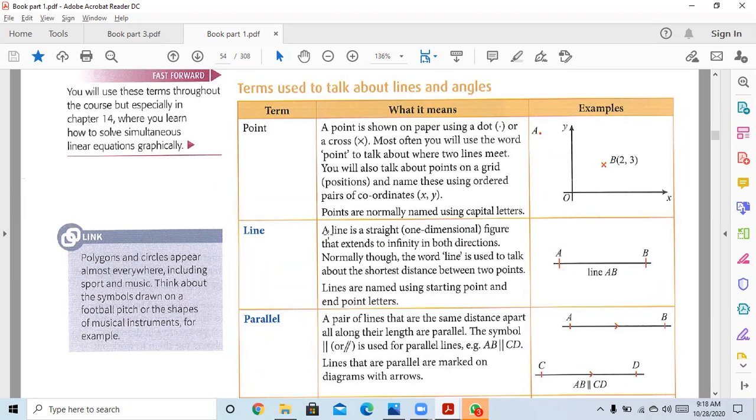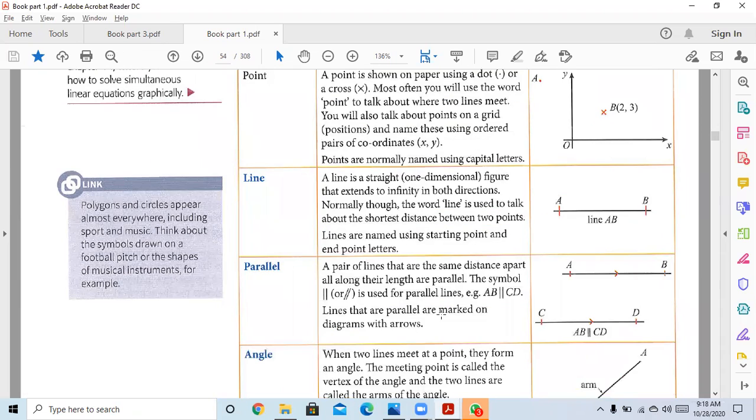A line is a straight figure that extends to infinity in both directions. If you are asked the length of this side, from A to B, we just measure line AB using a ruler or anything else.